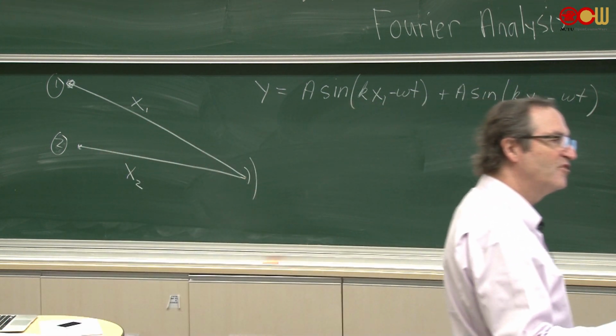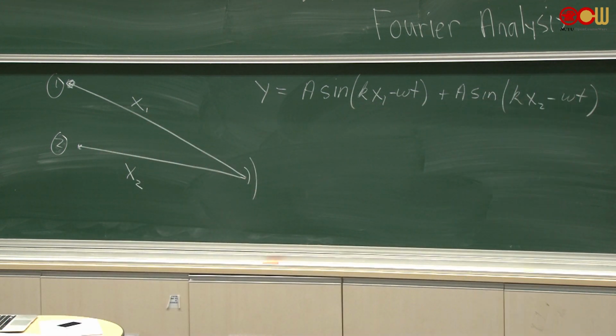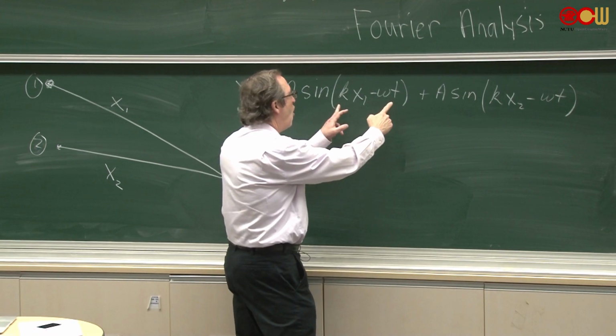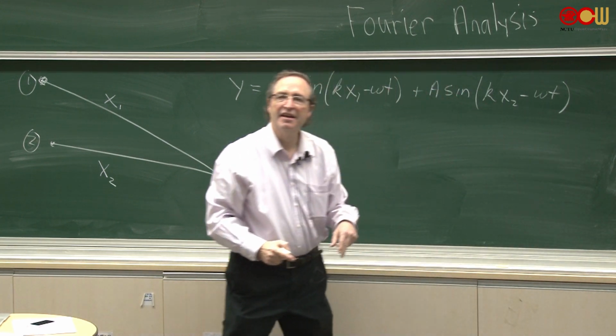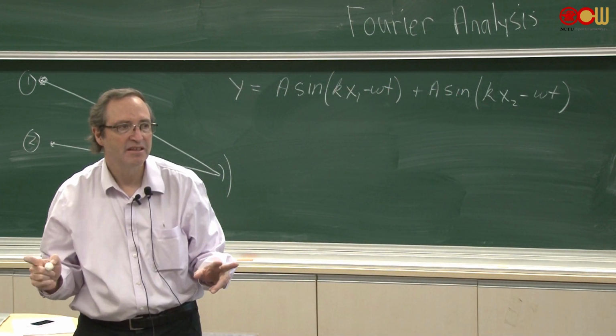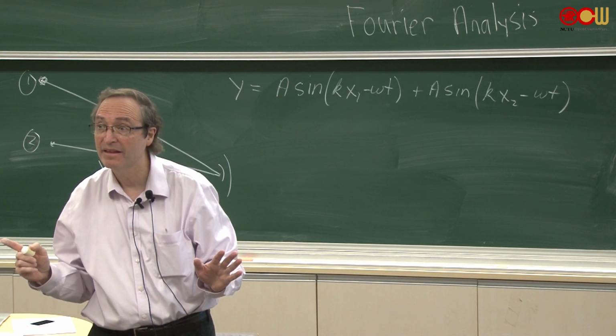So the question is, what are we actually going to hear? Is it going to be loud or soft? Loud or soft? Okay, what is it going to be? Well, what we want is the argument of this and the argument of this. That'll tell us what's going to happen.